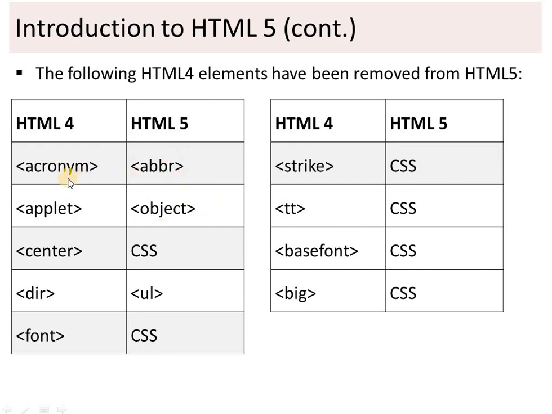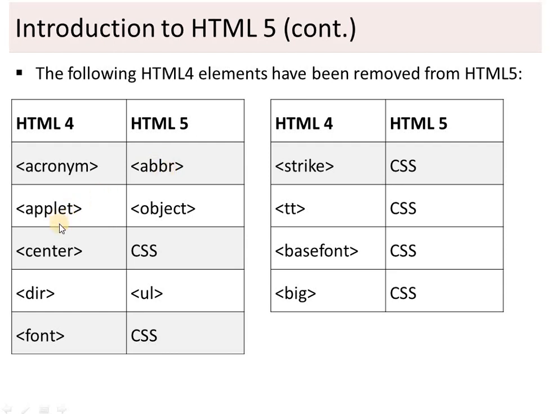For example, the acronym tag, which was used in HTML4, or I can say in traditional HTML, is removed and replaced by another tag, that is abbr, abbreviation. The task of both elements, what purpose they are used for, is the same, just the format is changed.